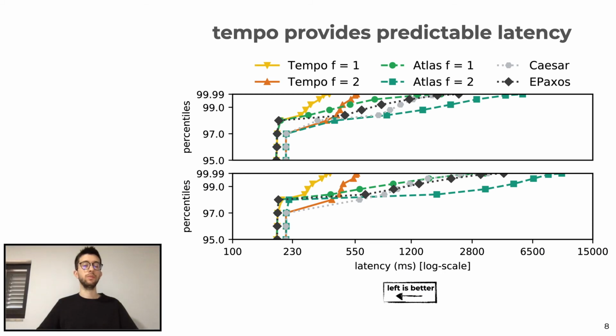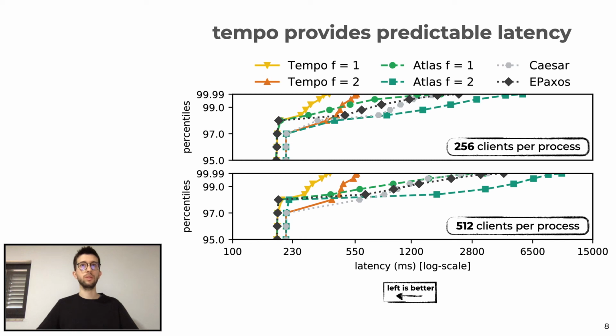One of the main benefits of Tempo is that it provides low-tail latency in a predictable manner. In this experiment, we consider two settings. On the top, we deploy 256 clients per process, while in the bottom, we deploy 512. Here we compare Tempo with three other leaderless protocols, Epaxos, Atlas, and Caesar.